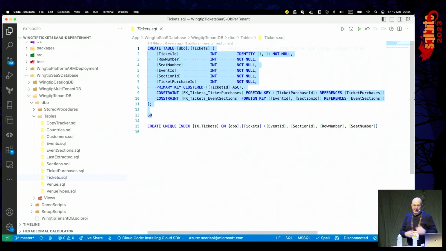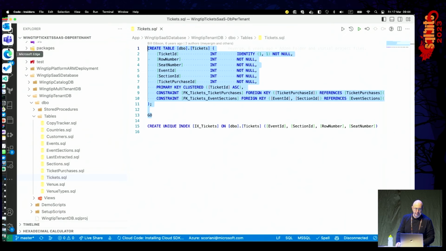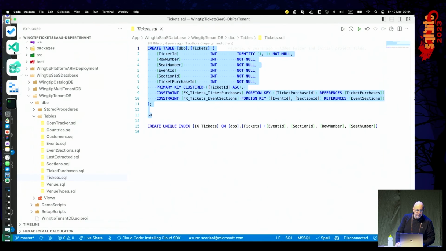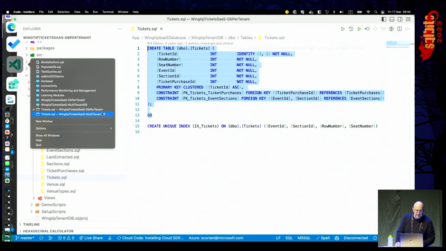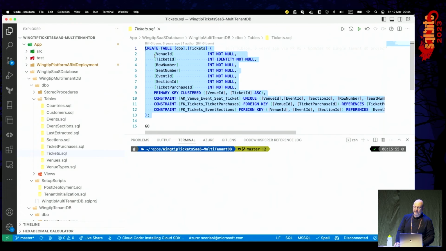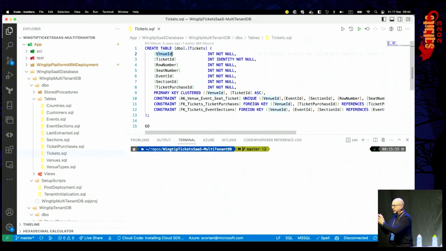There's no sharing from a database perspective. If instead I look at the equivalent, and I need to pick up the right window here, this is the multi-tenant schema. For the same tickets table, we see that there is this venue ID column that represents that particular tenant key or tenant ID. So we need to design our database differently.